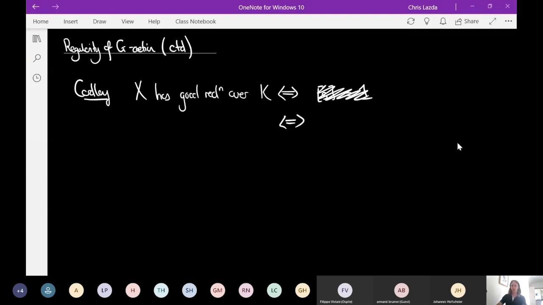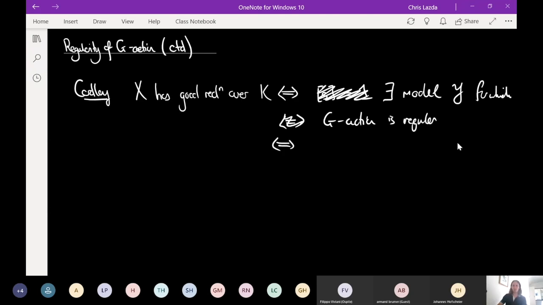X has good reduction over K if and only if there exists a model Y for which the G action is regular, which happens if and only if this cocycle is trivial in this non-abelian cohomology set.